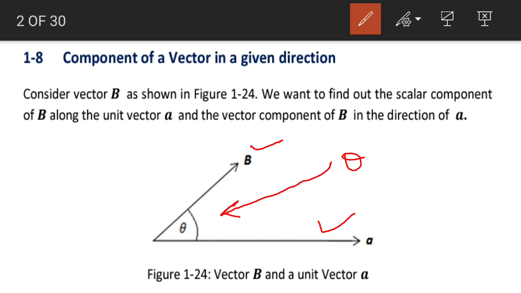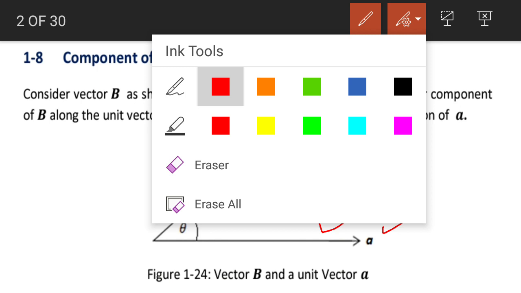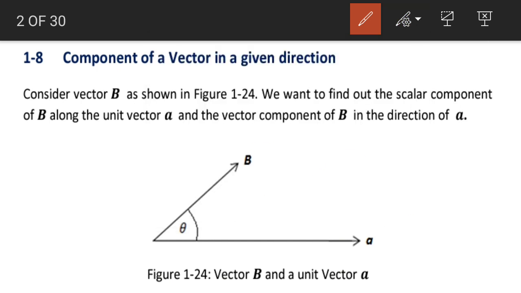We consider a unit vector along this line. So basically, we want to find out the component of this vector along this line.